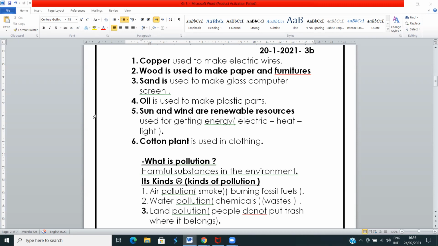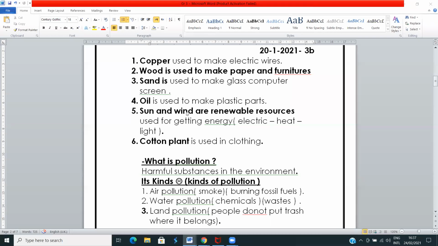MashaAllah. Okay. Where is Muhammad Mahmoud? Yes, master. What's pollution, Muhammad? Pollution? What's pollution, Muhammad? Harmful.